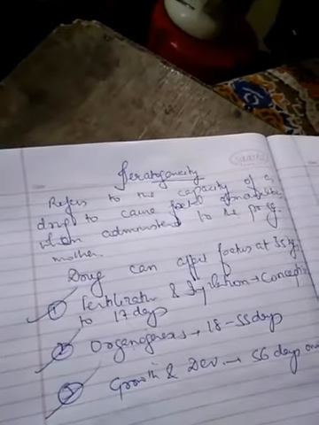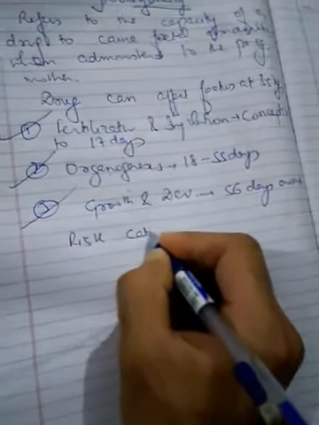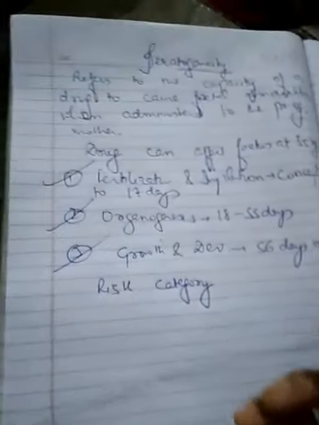Now we should know about the different risk categories of drugs during pregnancy. Every drug that is given during pregnancy comes under one of these categories, and we basically have 5 classes, which we will be discussing.